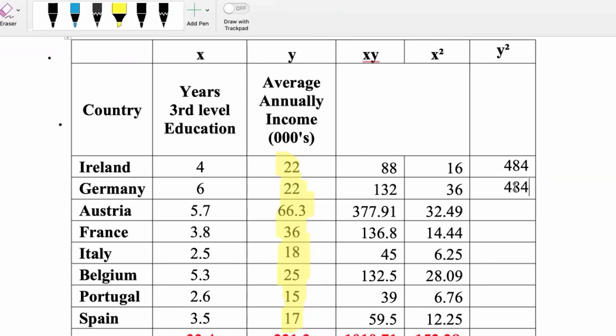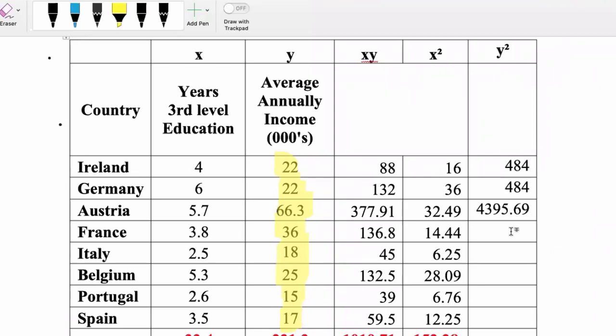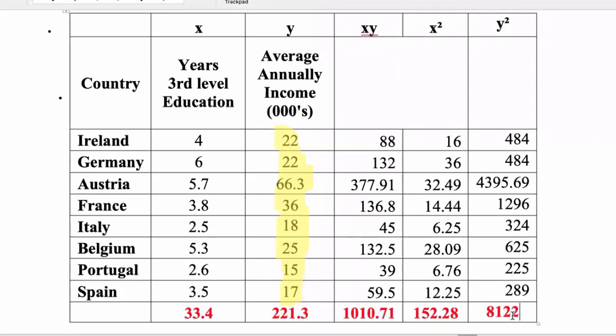Same again. 66.3. The sum is 8122.69. Yeah. Okay, so we're going to use this as our sum of y squared.